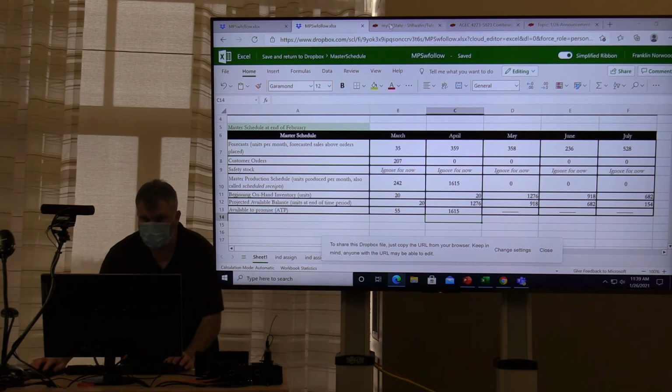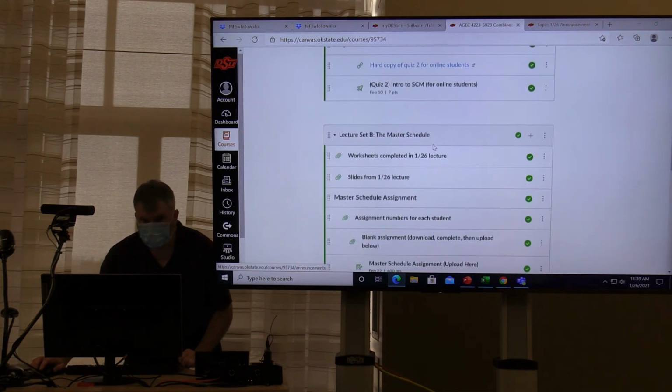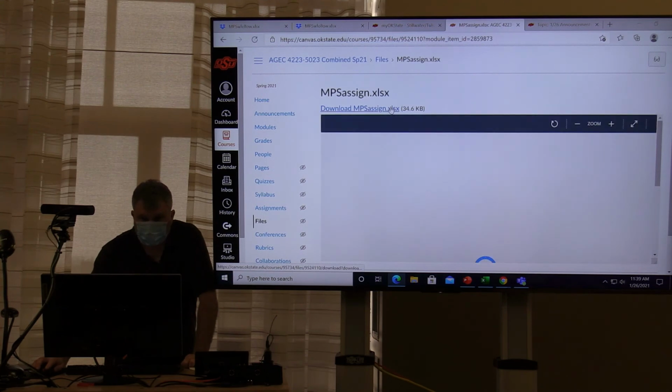Let me show you one other thing, then I'll put this back up there if I need to. But just show you the thing about the assignment. So lecture set B, here's the assignment, it's worth a total of 400 points, and you're submitting numbers, so you want to make sure you do them right. But here it says assignment numbers for each student. You download it.